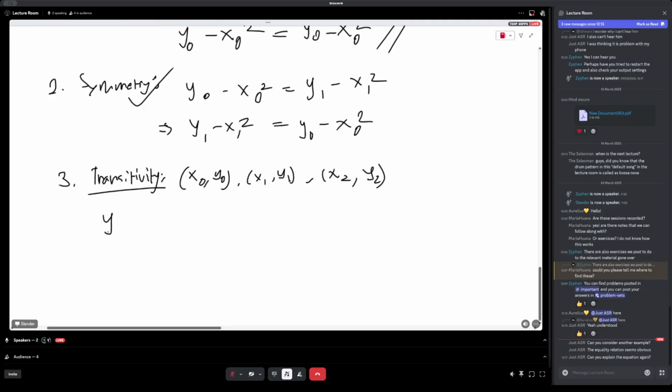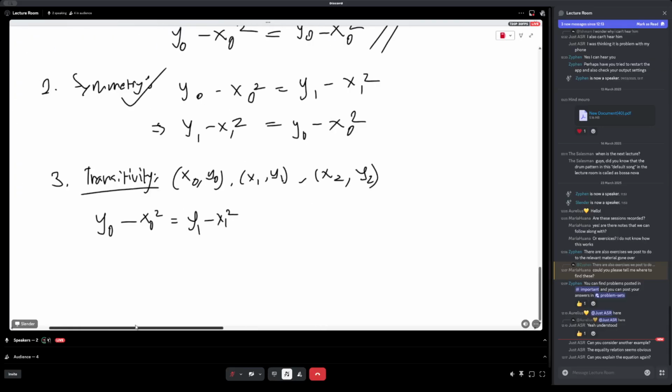That would mean y0 minus x0 square equals y1 minus x1 square. So it's the equality of these two. Now let's do the equality of these two. That would be y1 minus x1 square is equal to y2 minus x2 square.